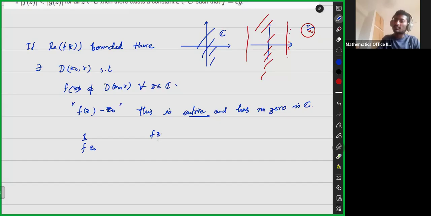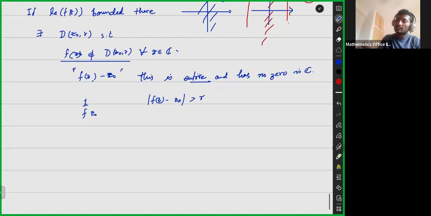The modulus of f(z) minus z not is always bigger than r. So you consider this new function, which is the inverse of the first function.